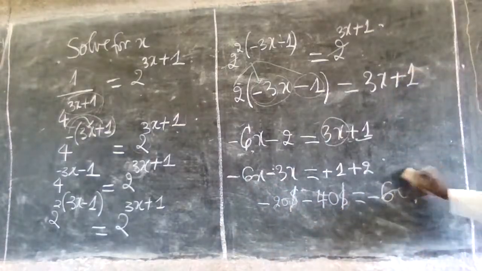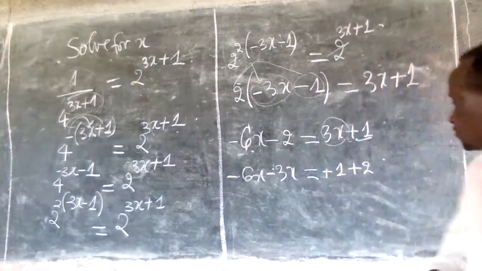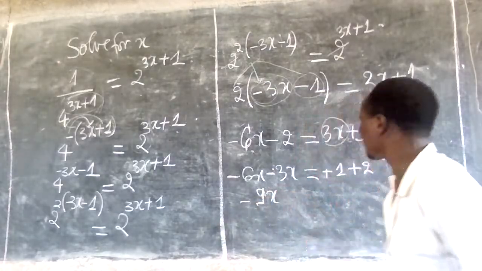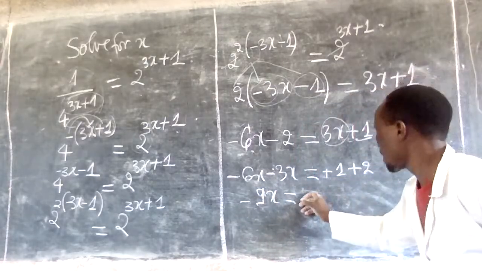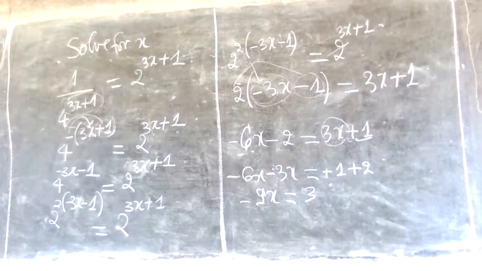Now, let's have minus 9x, which is equal to plus 3. Clear?